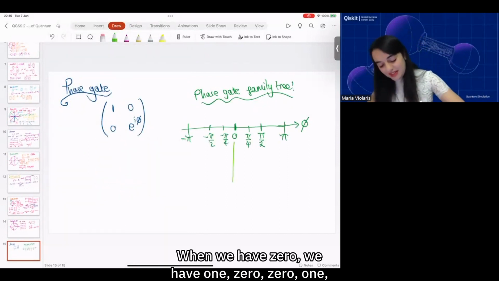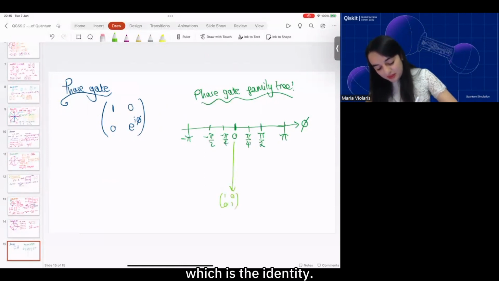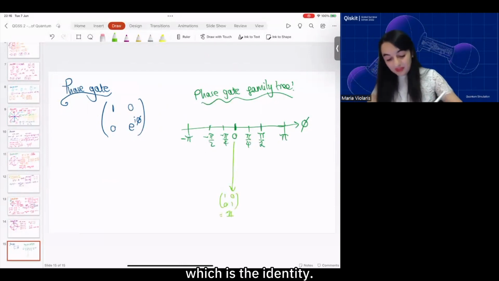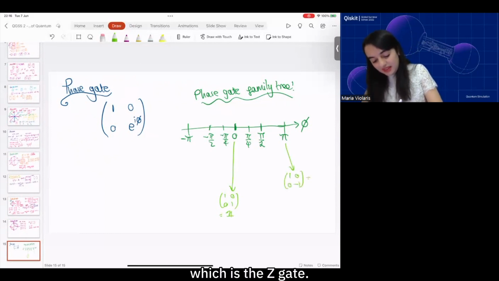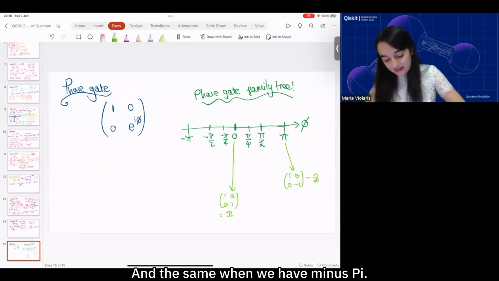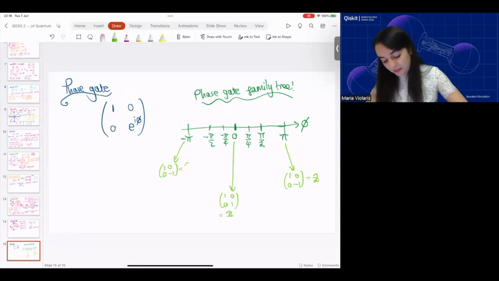When we have 0, we have 1, 0, 0, 1, which is the identity. When we have pi, we have 1, 0, 0, minus 1, which is the Z gate, and the same when we have minus pi.